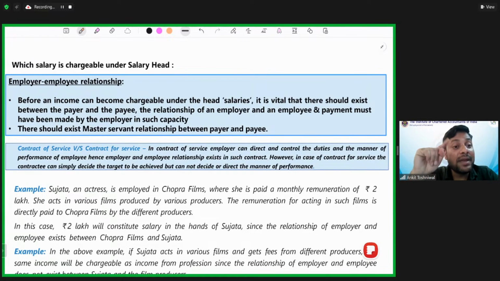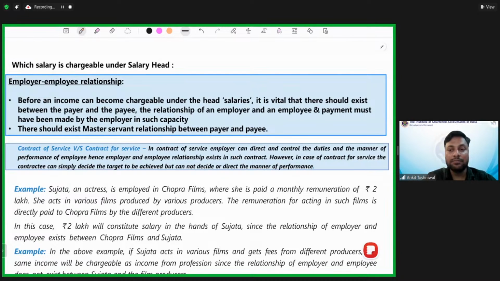How he conducts his duties is determined by the employer. Then in such case, there is a relationship of employee and employer, and such income is taxable under the head salary.